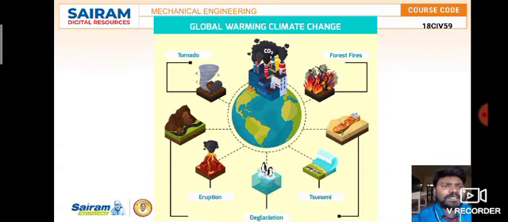All these things impact global warming and climate change. Even automobiles are a major part, as poisonous gas comes out from automobiles. These are the main reasons for global warming and climate change. The thing which affects it the most is the carbon dioxide coming out from the industries.